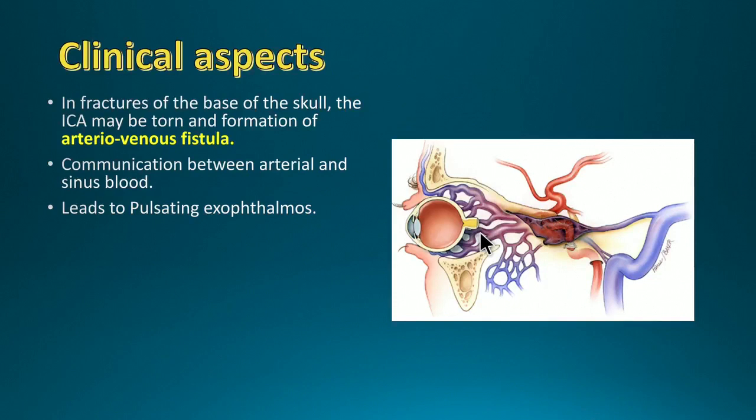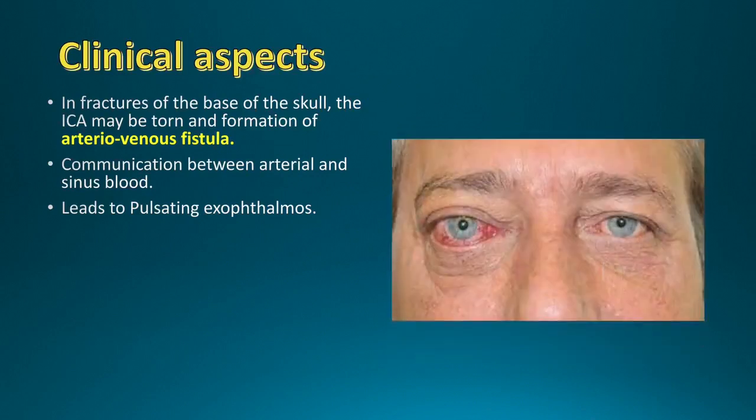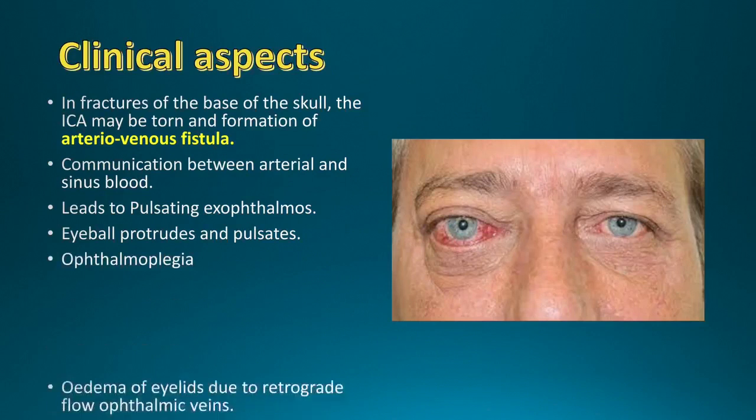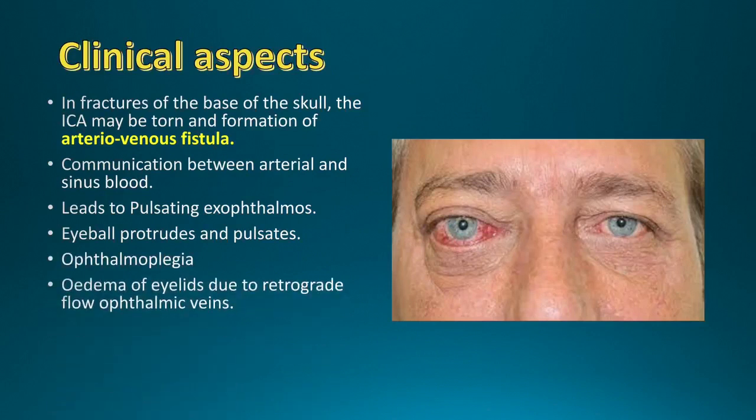So, it leads to pulsating exophthalmos. You are able to see this eyeball almost bulged when compared to the other normal eye. So, the eyeball protrudes and pulsates. Then ophthalmoplegia, because the nerves in the lateral wall are damaged, with paralysis of the muscles of the eyeball.